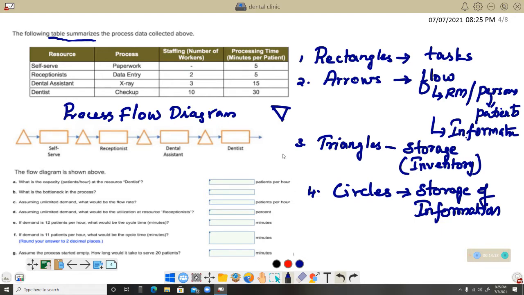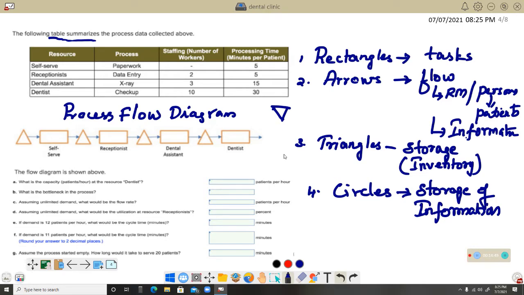So in a flow chart diagram or a process flow diagram, these are the certain symbols that we use. First one is the rectangle, which represents the task. Arrows indicate the flow of raw material as far as production sectors are concerned. It can be persons or the patients. And sometimes it can be the information. You can see triangles also. Triangles can be the straightaway triangle we usually see in our mathematics textbooks, and here we use triangles to represent the storage.